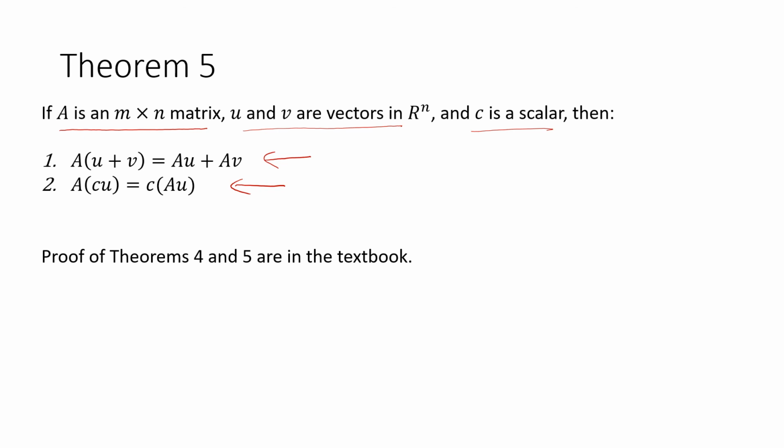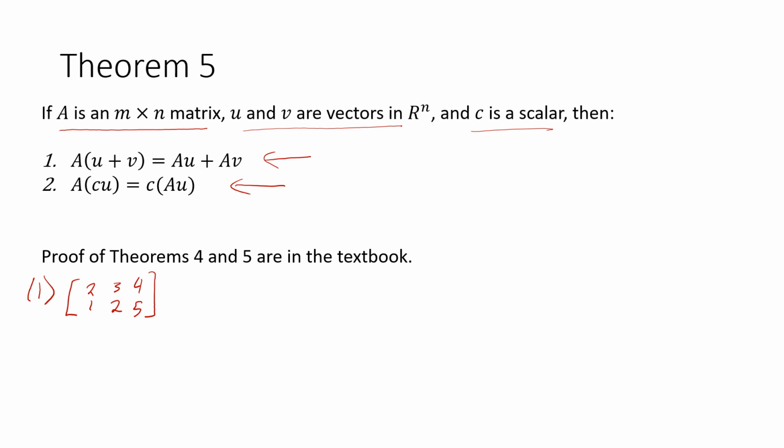So let's look at a couple of examples of what this looks like. If you want specific proofs of Theorem 4 and 5, they're in the textbook. We aren't going to go over them in this lecture, but here's an example of what I mean. Say that your matrix A is equal to some matrix, let's say a 2 by 3 matrix.